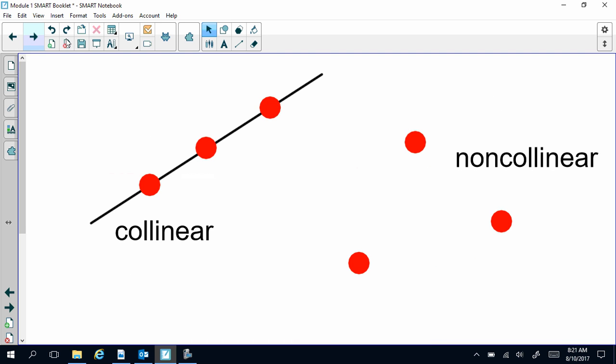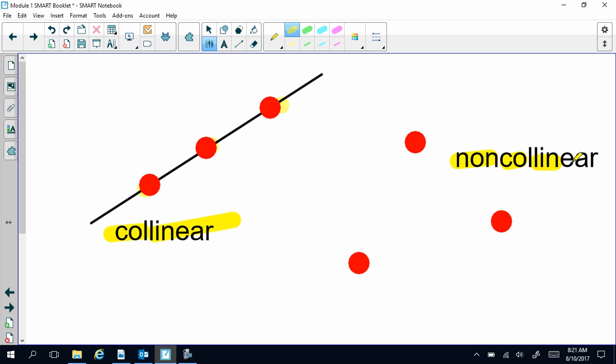Now, let's talk about non-collinear before we move to Postulate 4. Collinear means together on a line. So ready? Co, if we split it apart, co, together on a line. So these 3 points here are collinear. I can draw a line through them.